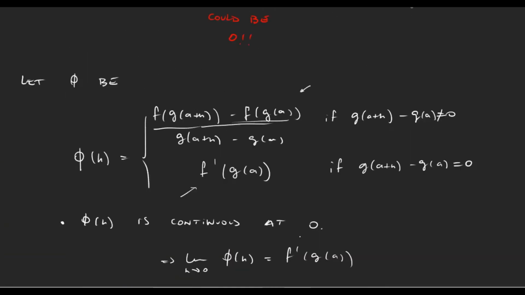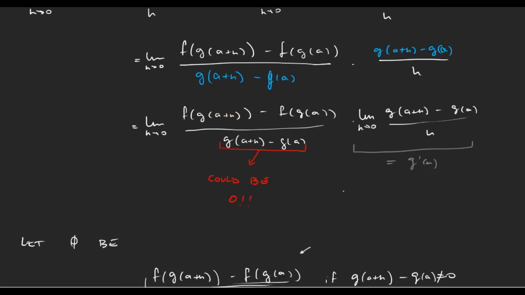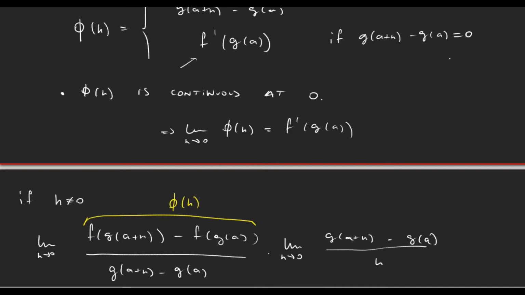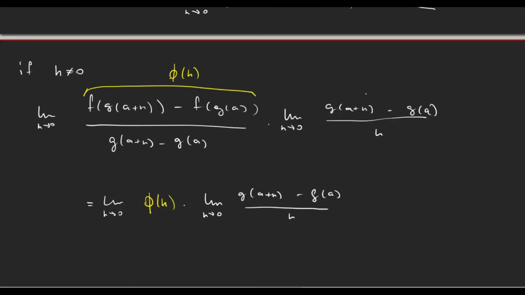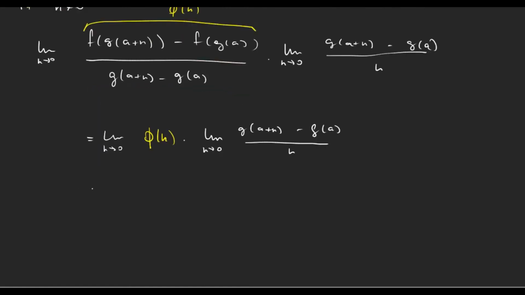But now, here we said that this limit was g prime in a. And here we said that the limit of phi was f prime in g of a. So then this limit is just f prime in g of a times g prime in a.